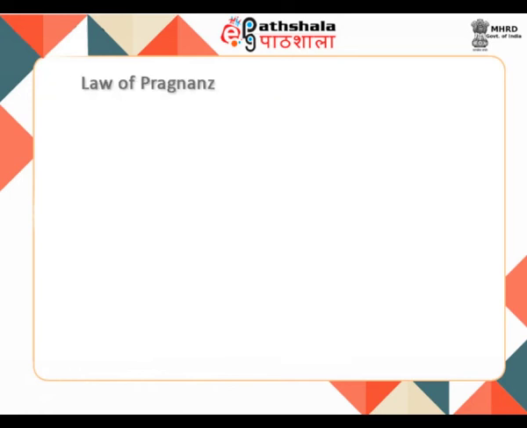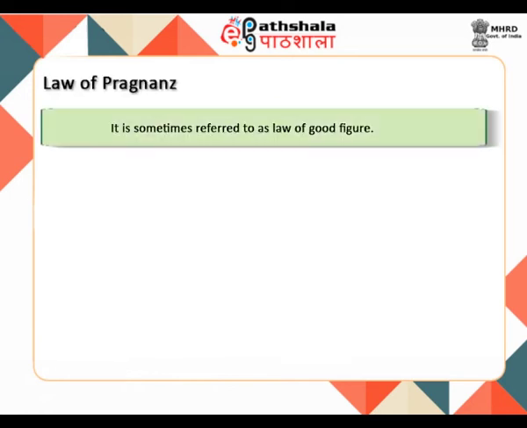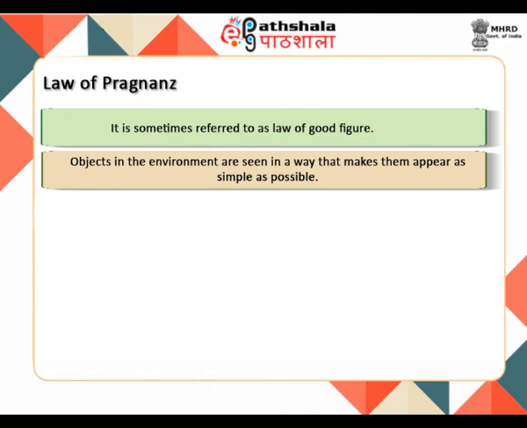The law of Pragnanz is sometimes referred to as the law of good figure or the law of simplicity. The law holds that objects in the environment are seen in a way that makes them appear as simple as possible. This law says that we are innately driven to experience things in as good a gestalt as possible.